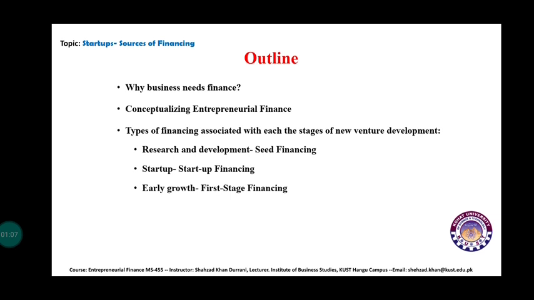Then we have the early growth stage, and the financing required for that is the first stage financing. Then we have the rapid growth stage, and the financing required for that is the mezzanine financing. And at the end, we have the exit stage, and the financing required for that is called the maturity or the exit financing.